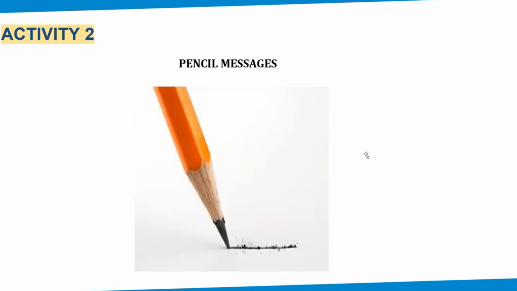Inside you have knowledge, good character, and good thinking. That is very important for a person instead of the outward look. That is also a good message from the pencil.